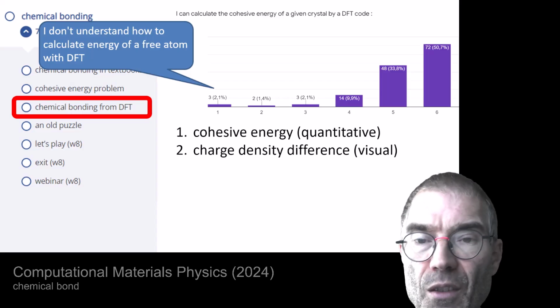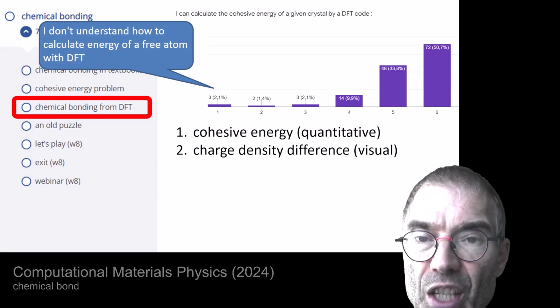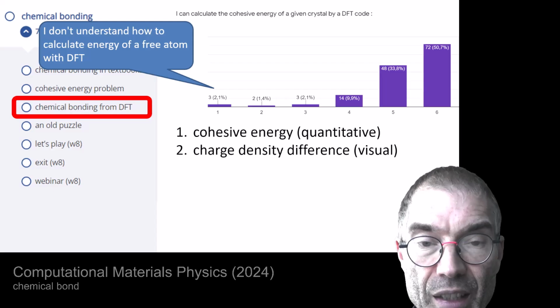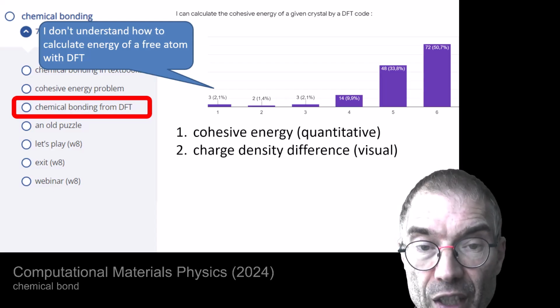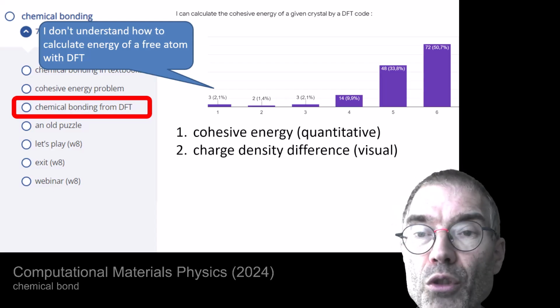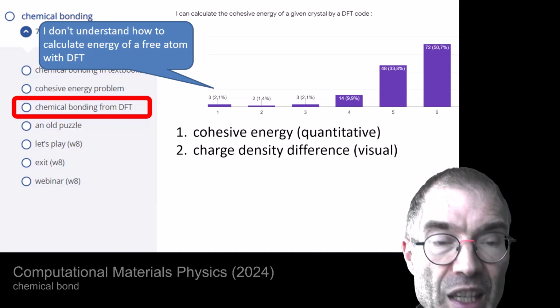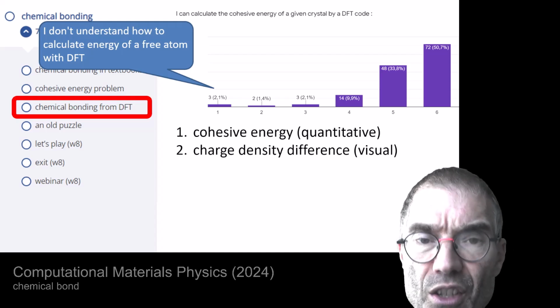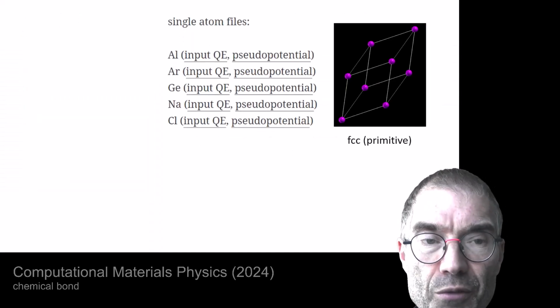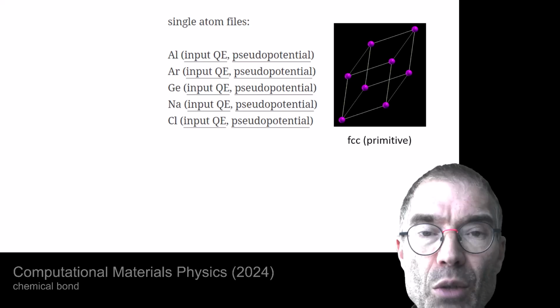And first, for the cohesive energy, you have to calculate the energy of the crystal, which you already know how to do, but you need to compare that with the energy of the free atoms. And that is a new way of reasoning that was not for everybody equally clear.